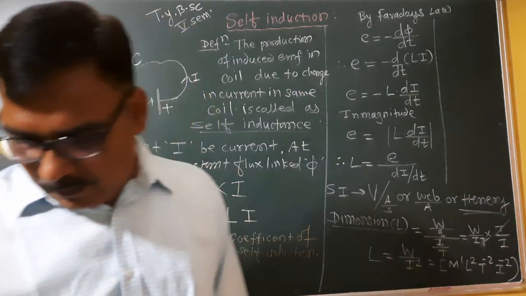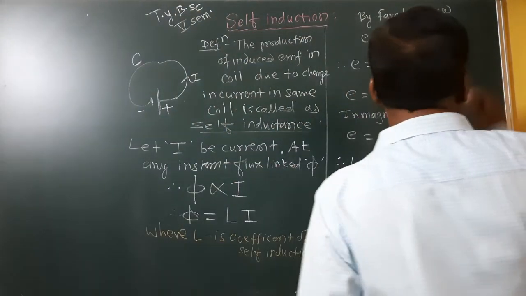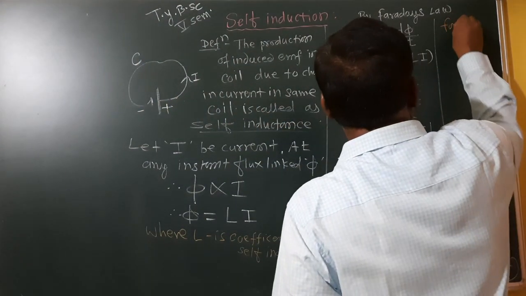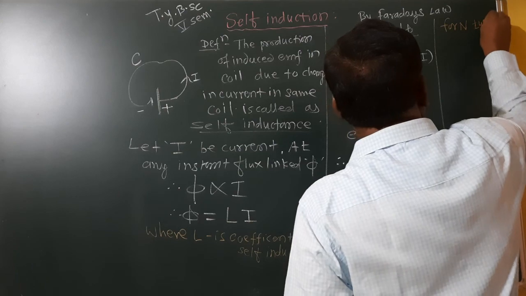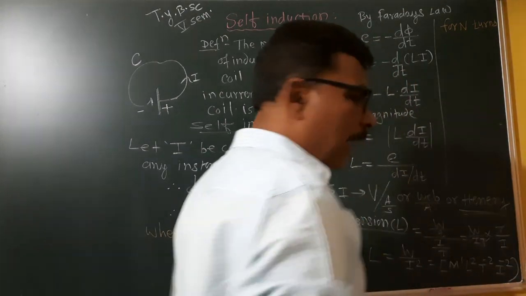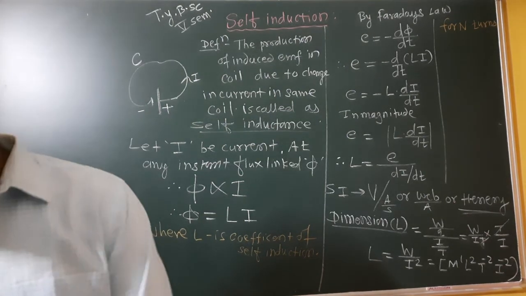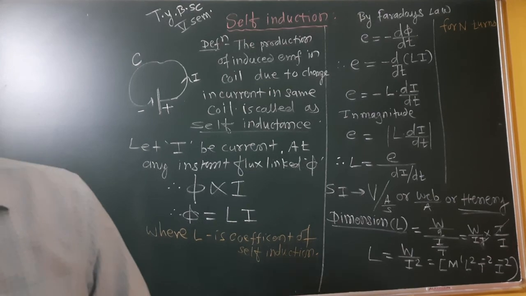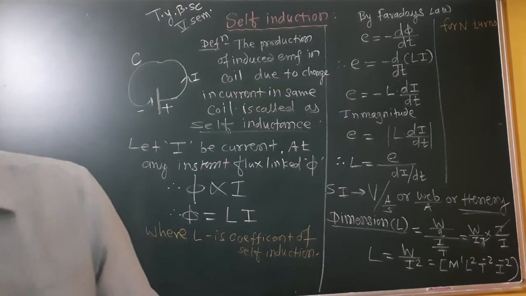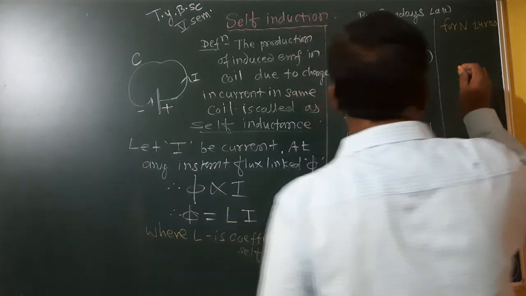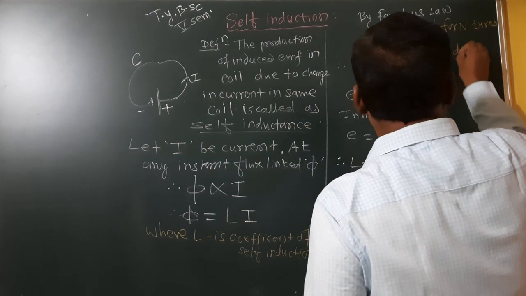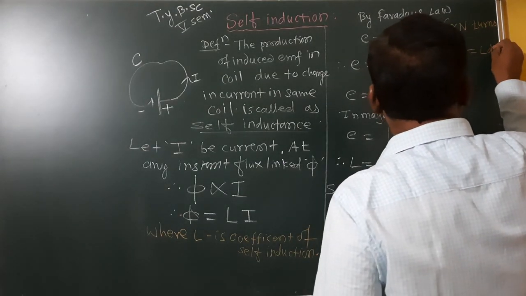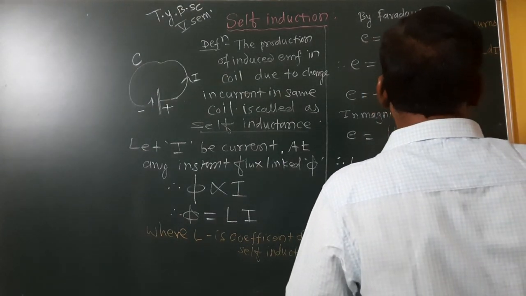For n number of turns, what we have to consider? We have one more formula for the self-inductance. That is an important condition. For the self-inductance, N d phi is equal to L into di, and the d gets cancelled.